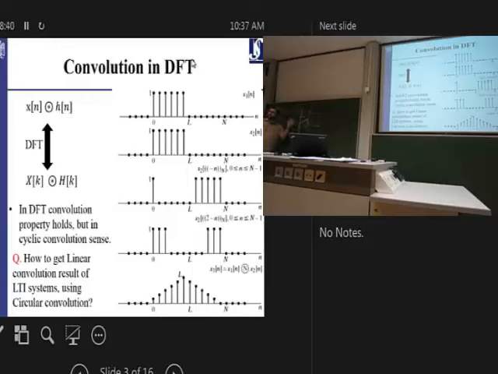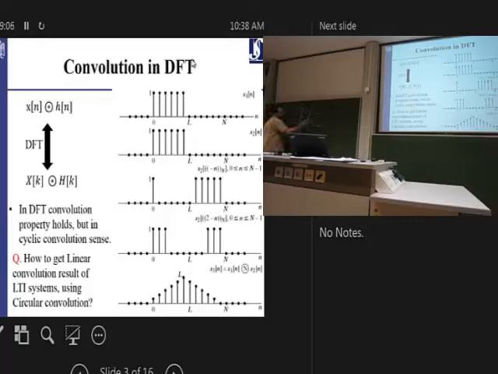So if the signal h of minus n is something like this, and so on, when you're pushing the signal, this part is coming from this side, and you have the other values. So you have overlapping on this side and this side.